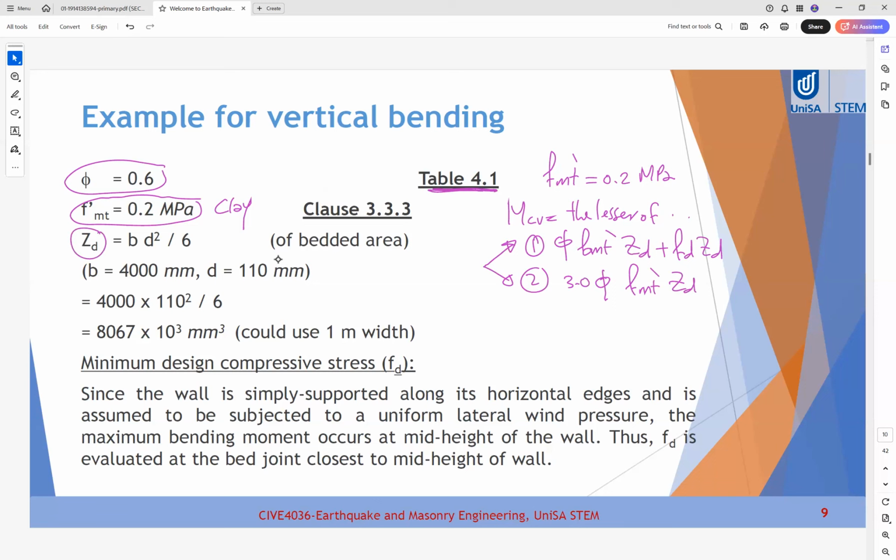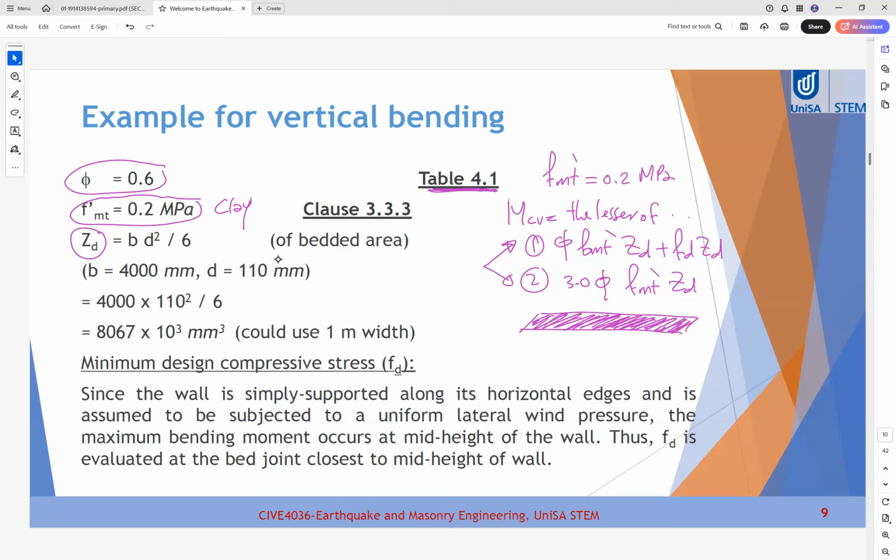So the next is ZD. ZD is the section modulus of the bedded area. The section modulus, because the bedded area is a rectangular. So the bedded area is the horizontal bedding because our moment is in the vertical direction. So the resistance will come from the horizontal bedding.